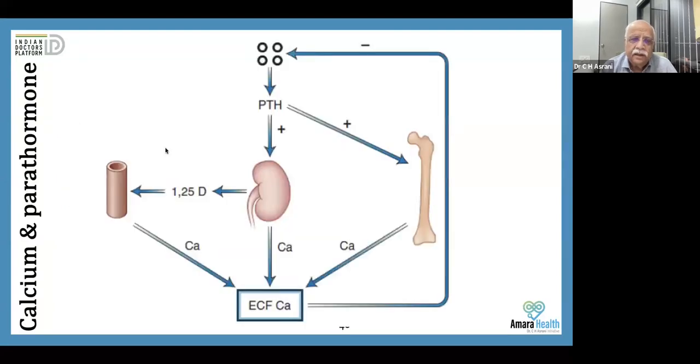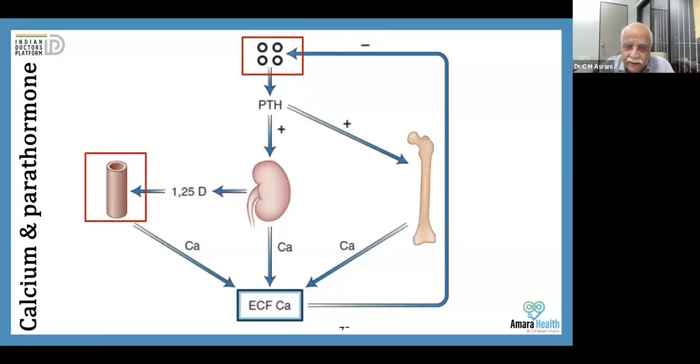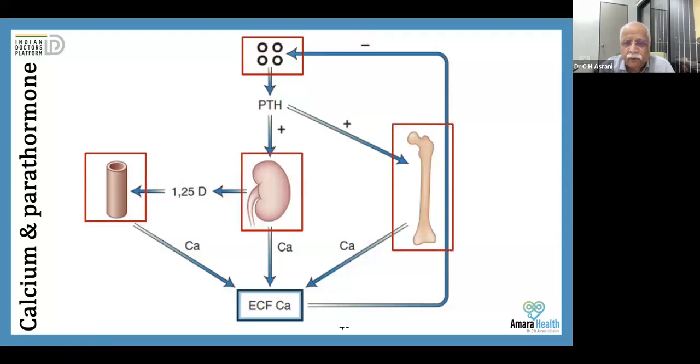See this. Calcium and parathormone, there are 4 organs involved: parathyroid glands, intestines, kidney, and bones. And down below the square, you see extracellular fluid calcium.